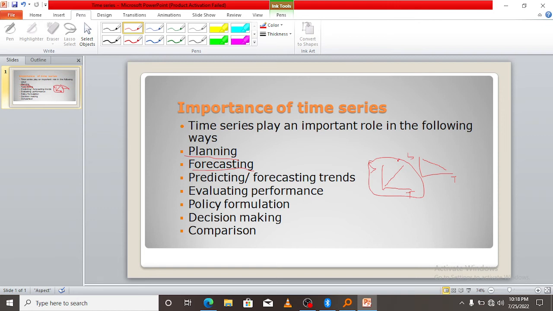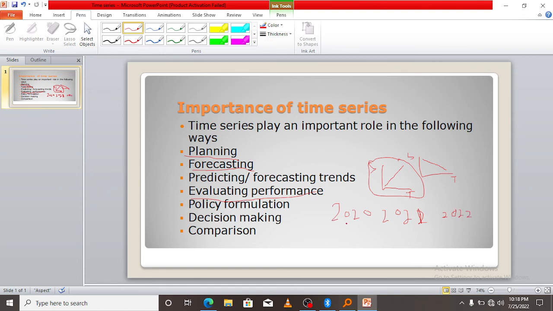And then there is also another importance: evaluating the performance. For example, you have sales in 2020, 2021, 2022.